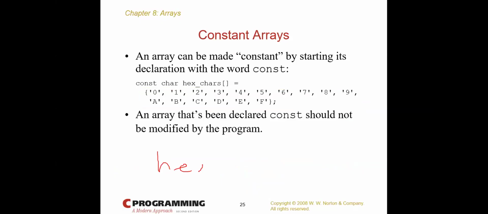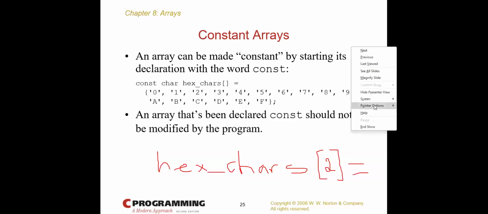Observe what I'm trying to write now. In the name of the array, let's say location 2 in the array is equal to something. This is illegal.